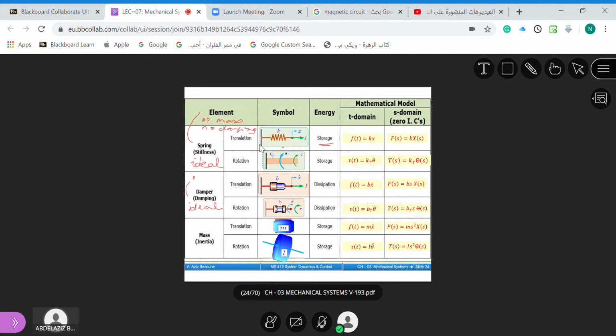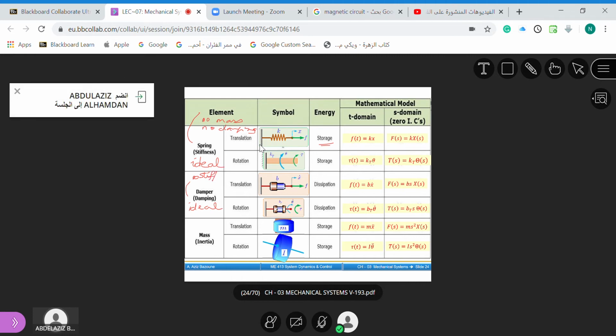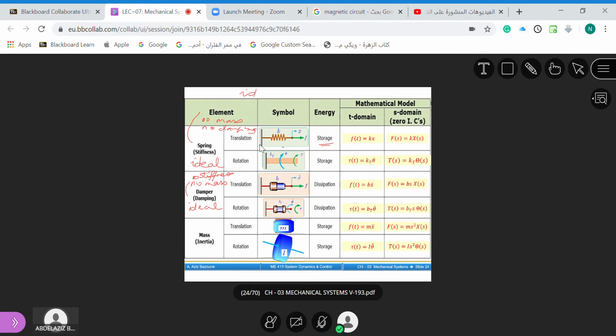In fact, in real life, they have this, but now we deal with them as if they don't have this property. So no stiffness and no mass, and they are ideal elements. This is simply to simplify our analysis.